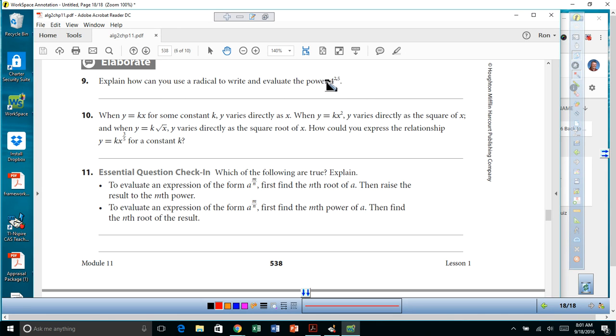Well, you could rewrite 2.5 as a fraction.